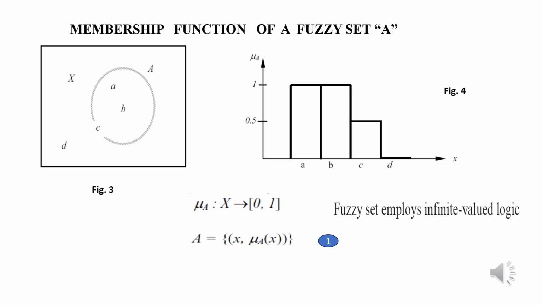And hence, we can give the value as 0.5. The graphical representation of the membership function is given in figure 4. Since the membership function takes the value 0, 1 and the values between 0 and 1, fuzzy set employs infinite value logic.